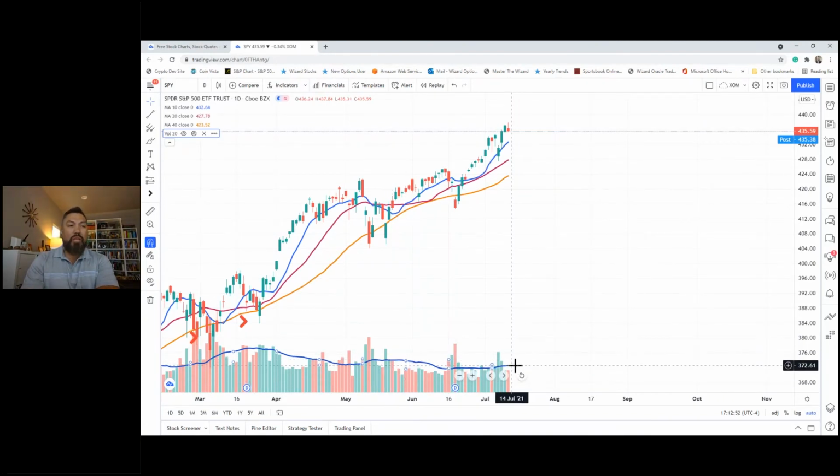Now we're looking at the relationship between the volume of the day versus the average. In this indicator, see how the numbers are changing as I move my cursor? This is the same moving average that you see up here.